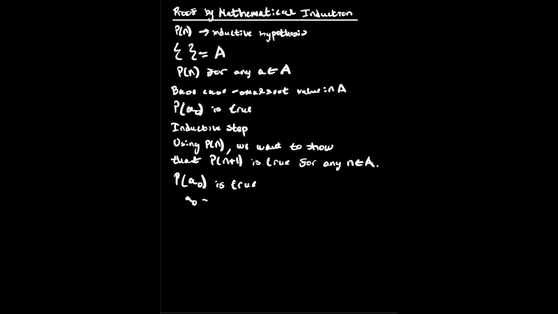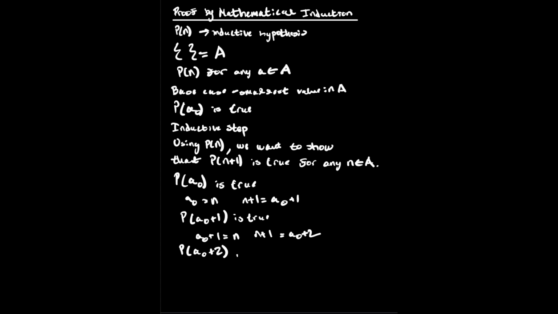So what this does is we've already proved that P of a naught is true. If we let a naught equal n, and we've proved the inductive step, n plus 1 equals a naught plus 1. So therefore P of a naught plus 1 is true. Then if we let a naught plus 1 equal n, n plus 1 equals a naught plus 2, so P of a naught plus 2 is also true.